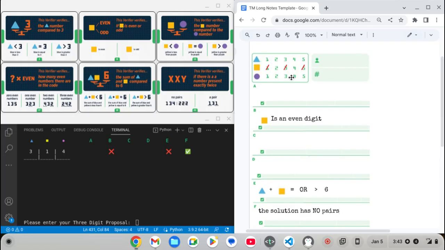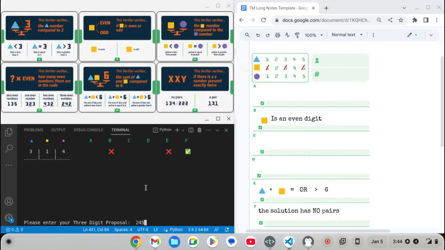So let's see. We could have a proposal of either 2, 4, 5 or 4, 2, 1. If we test the number of evens, that would at least confirm a little bit that maybe we do have a sum of 6. So yeah, let's go with 2, 4, 5.